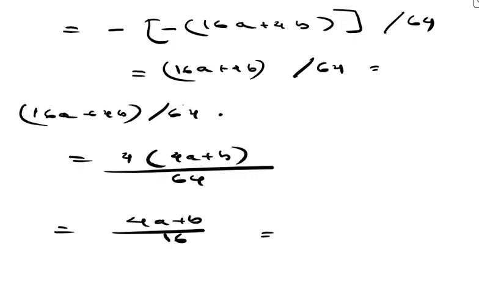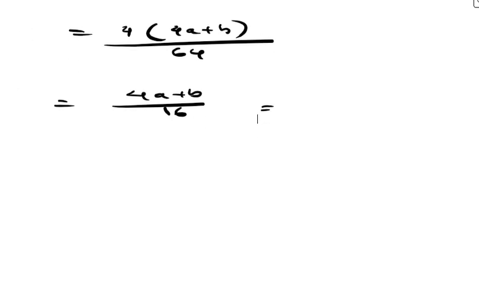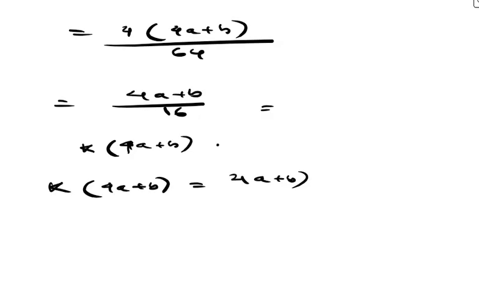Now use the information given in the question. According to the question, the sum of the solution is equal to k into (4a plus b). So we equate both the expressions. So k into (4a plus b) equals (4a plus b) by 16. Now notice something important.